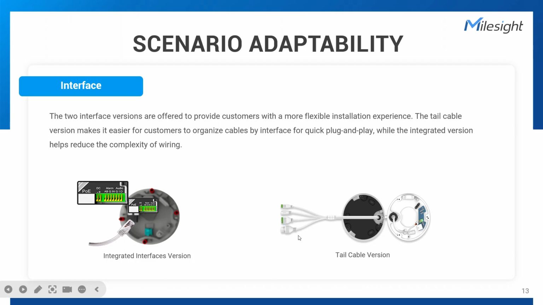But if you want better organization or recognition, you can use the tail cable version, because the integrated version may be confusing for cable plug and unplug requirements. But for the tail cable, you can quickly pinpoint which interface you want to change or manage. So that is the interface introduction.